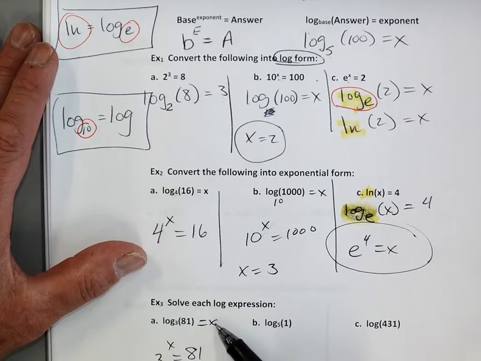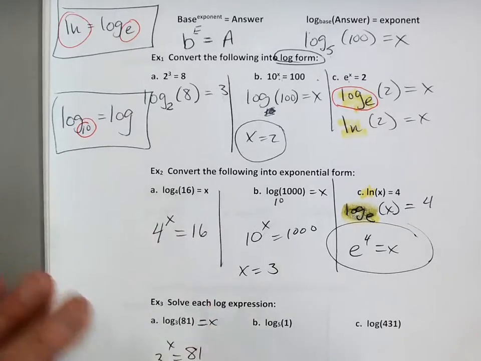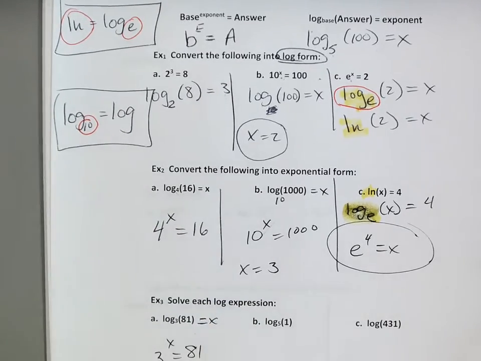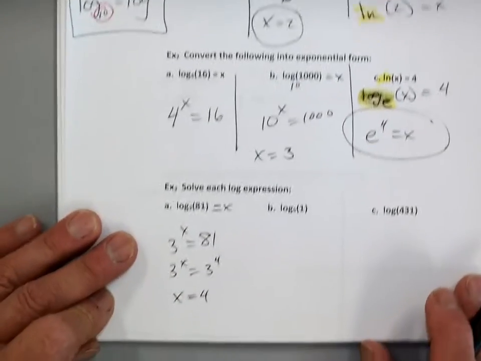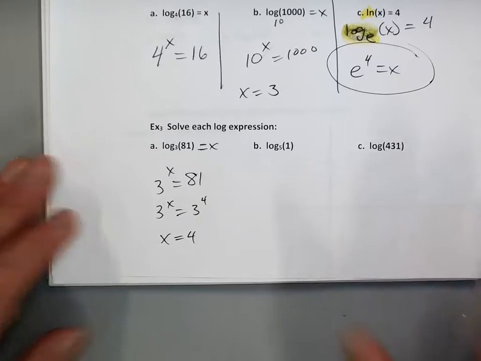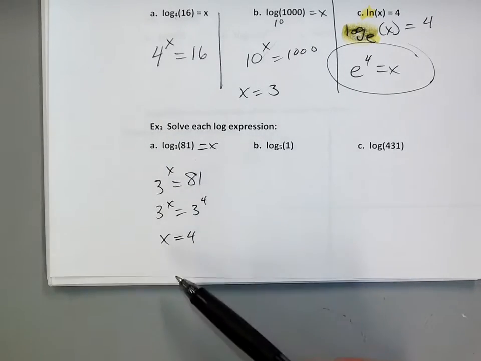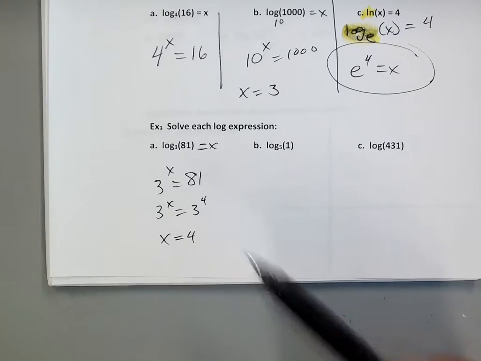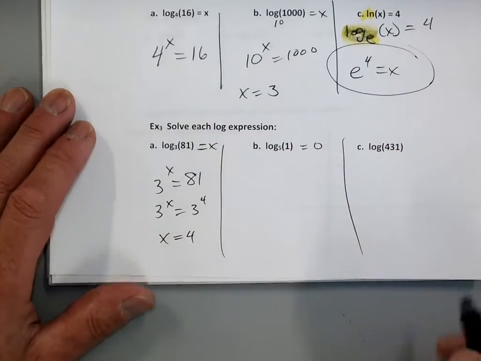I know 3 times 3 times 3 times 3, or 3 to the 4th, is 81. I screwed up, you guys couldn't see that, so I changed it. Same base, so x has to equal 4.